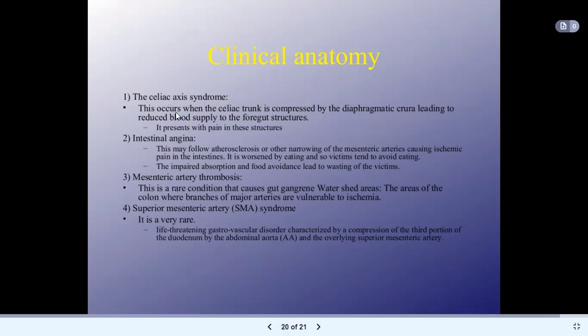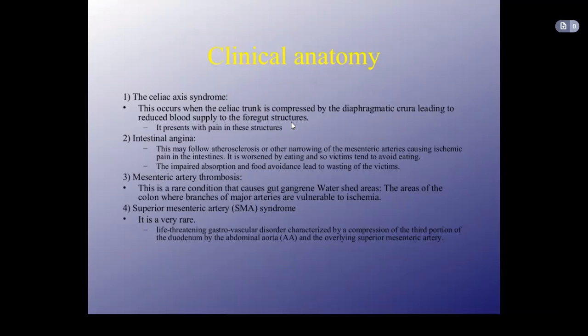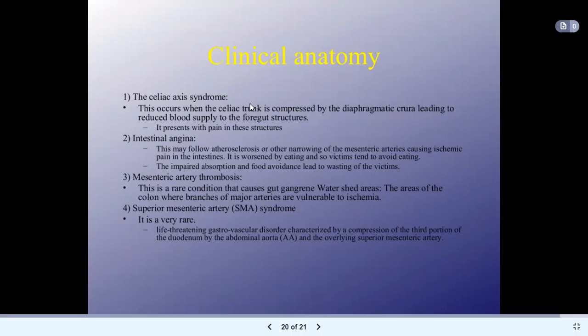So this occurs when the celiac trunk is compressed by the diaphragmatic crura, leading to reduced blood supply to the foregut. So the diaphragm has a dome, right? Now, some part of the diaphragm could compress the celiac trunk.